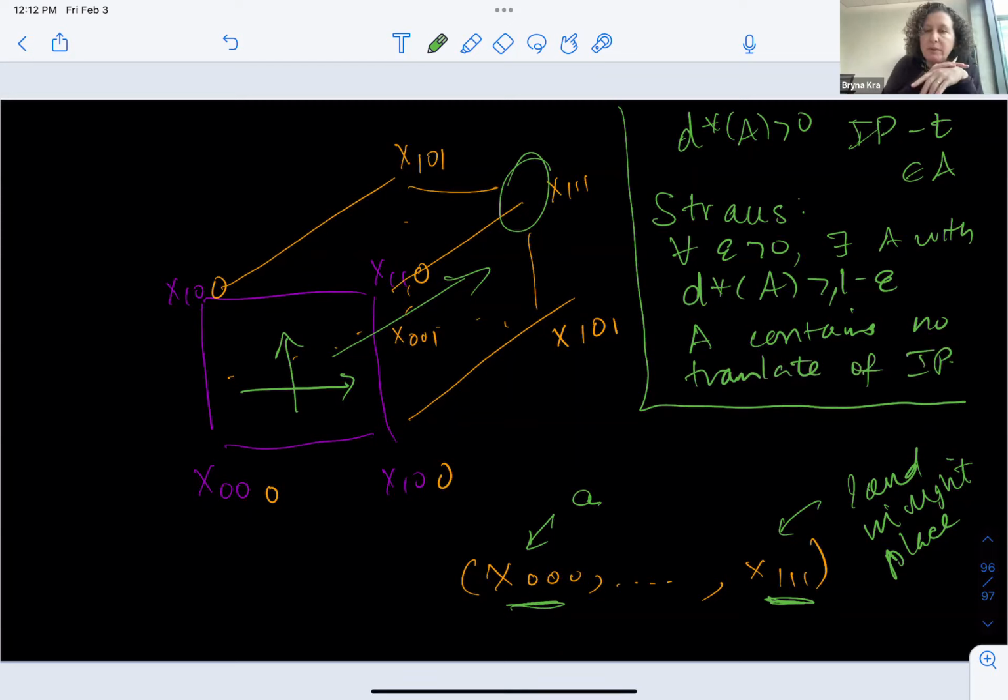You take a sequence of primes, P1, P2, P3, growing extremely quickly. So P1 is much smaller than P2, is much smaller than P3. And now you remove from the full integers the arithmetic progressions, all the multiples of those primes.